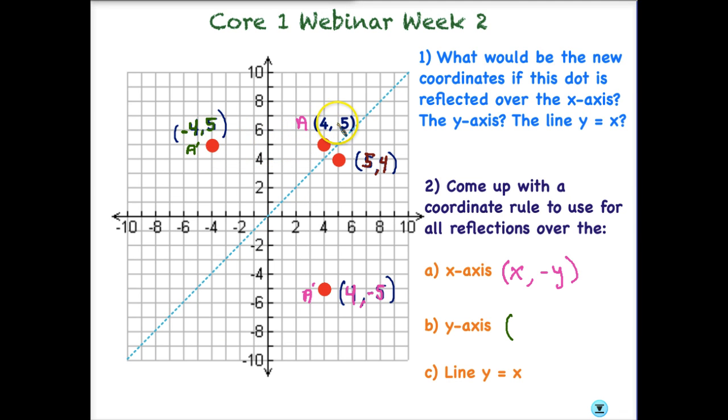What changed between 4, 5 and this point here? What do you think, Monique? Ah, very good. And it made the 4 negative.